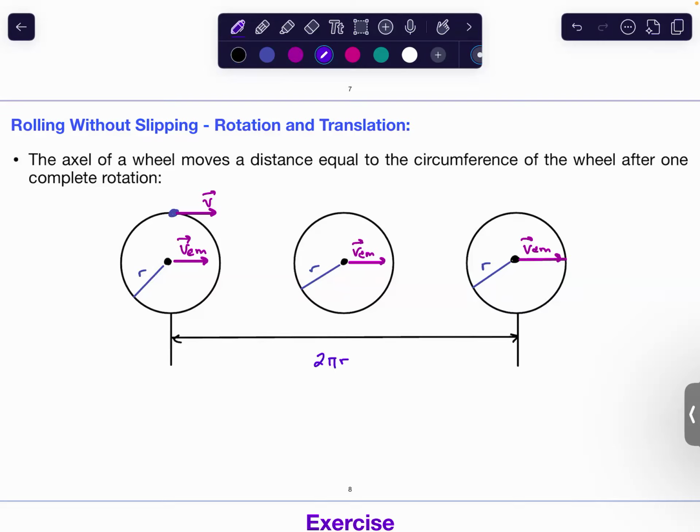How do you know you've mapped out a distance of 2 pi r? Think of it in terms of the point on the wheel. Yeah, it goes all the way around. So you know you've mapped out that distance when your point ends up at the same spot again.